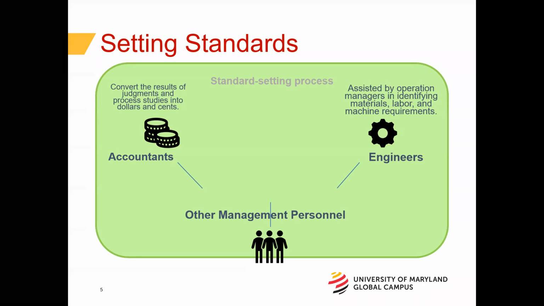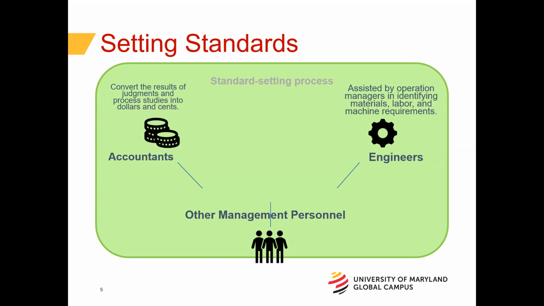In setting standard costs, accountants, engineers, and other management personnel identify what the standard costs are. Accountants convert results of judgments, processes, and studies into dollars and cents. That makes sense. That's typically what accountants do.